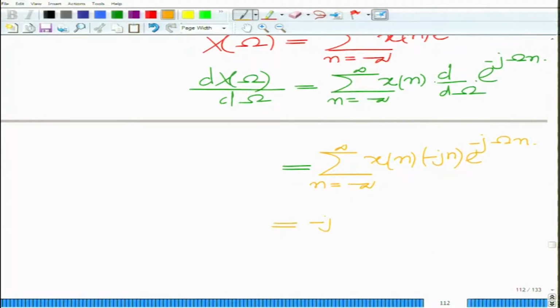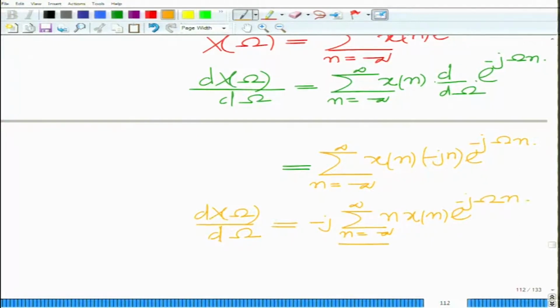So, dX omega over d omega equals minus j summation n equals minus infinity to infinity n x n e raised to minus j omega n.